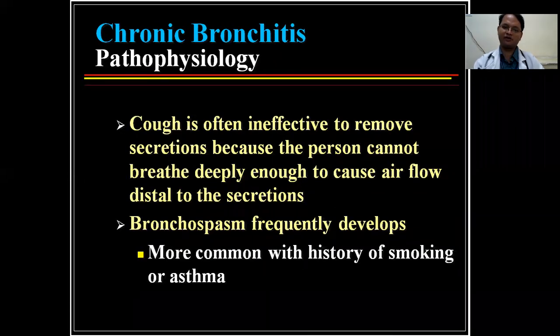Cough is often ineffective to remove the secretions because patients cannot breathe deep enough, and bronchospasm frequently develops, which is more common in the patient having a history of smoking, and if the patient is an asthmatic even.